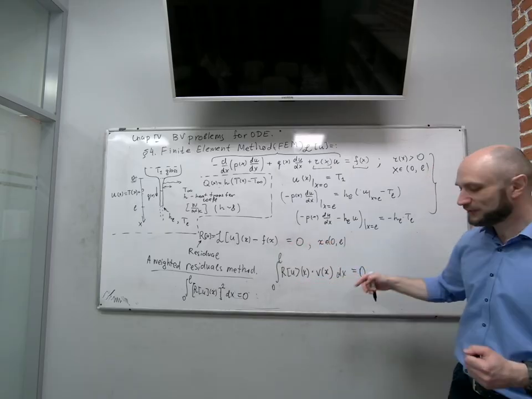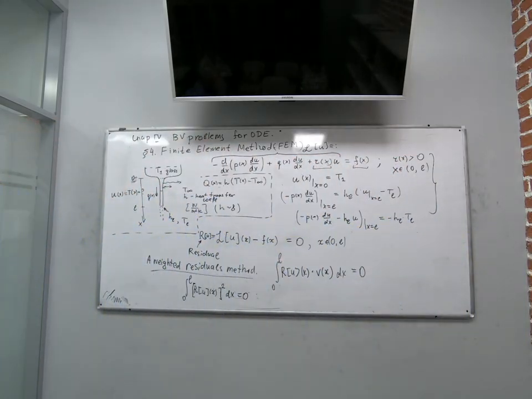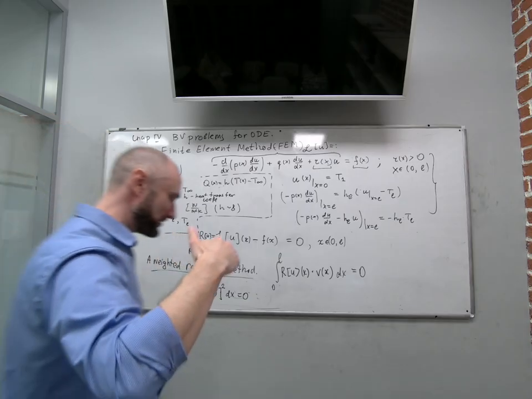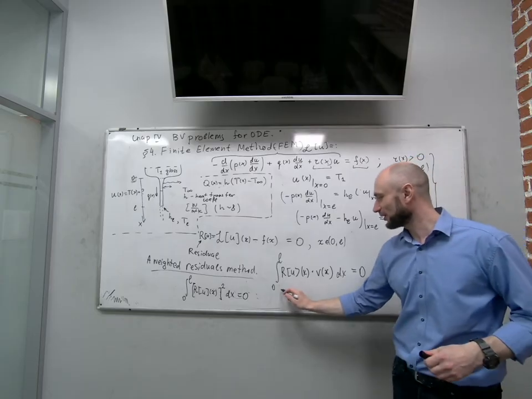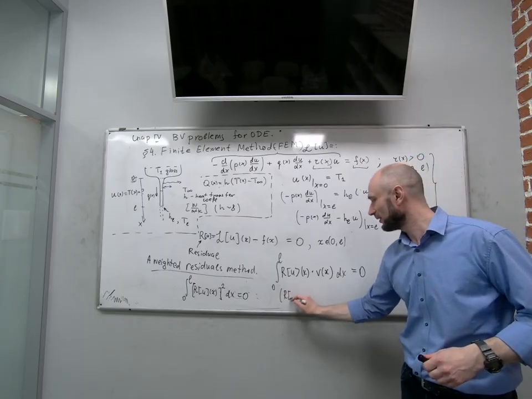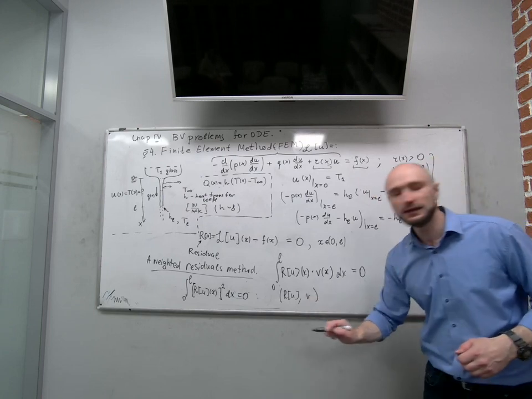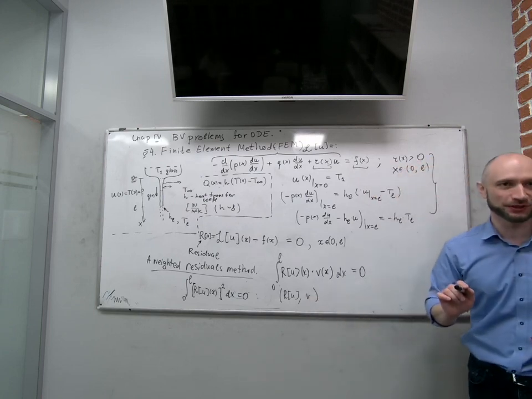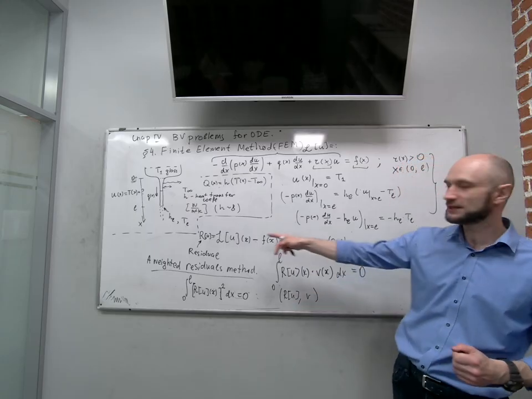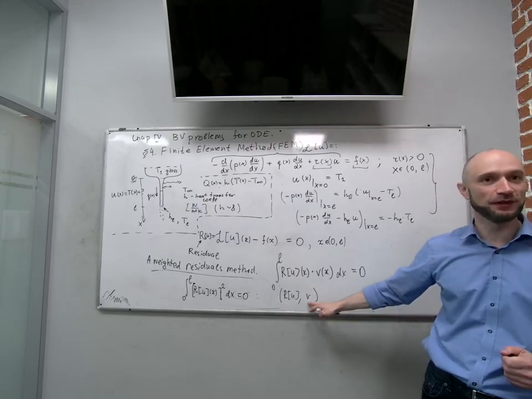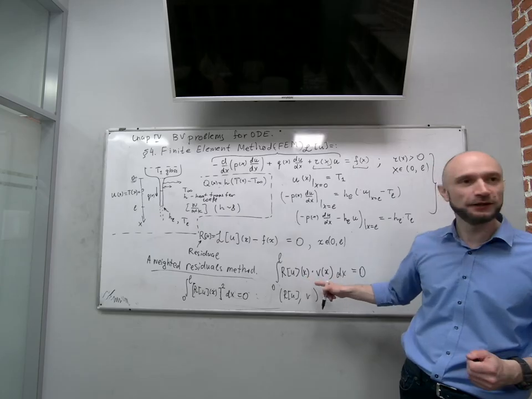And if we go a little bit higher in the stairs of mathematics, this operation may be called taking an inner product or a scalar product of this function standing on the left-hand side of our equation and the function v. So this integral actually defines a scalar product between r of u and v.